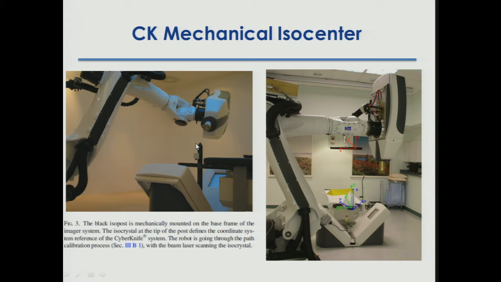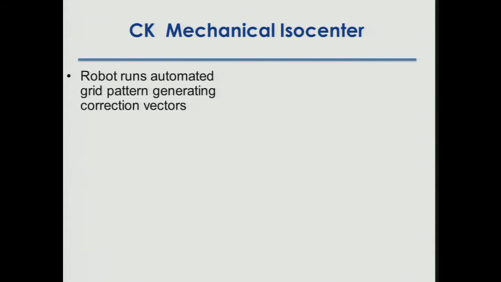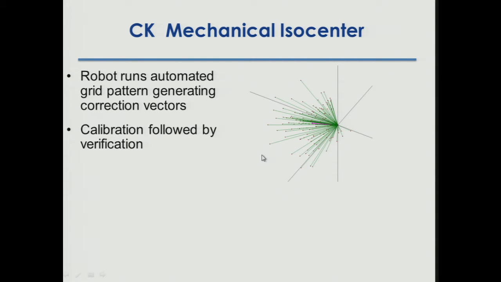To calibrate the robot to isocenter, we obviously don't do star shots, but we go to every node and run a grid pattern over this isocrystal and measure at which position there is the highest light intensity. After you've run your grid pattern, for each robot node that was originally installed, you get a correction vector that tells you in which direction you need to shift that node to point the laser to the isocrystal.